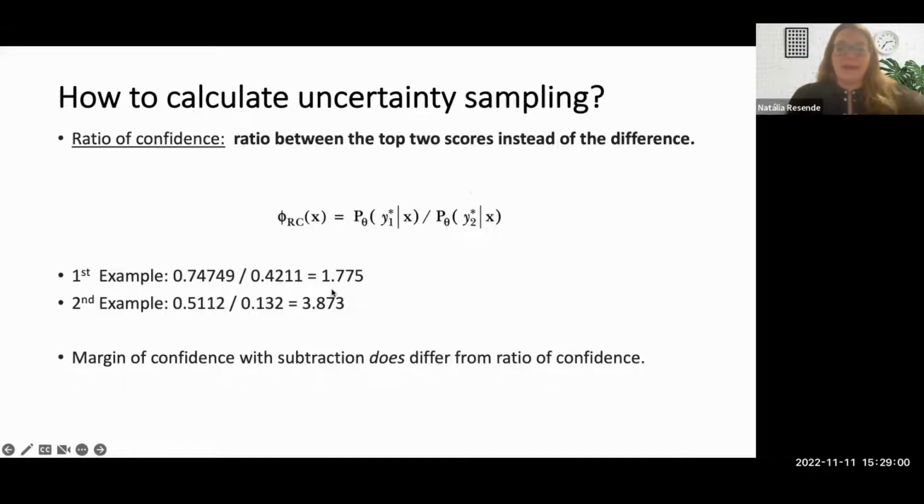So margin of confidence with subtraction does not differ much from ratio confidence. Those are two very similar strategies. But what we can see here is that the higher the ratio score, the higher the uncertainty. And as in all the other strategies, we just rank order by this score, in the first example and the second example.